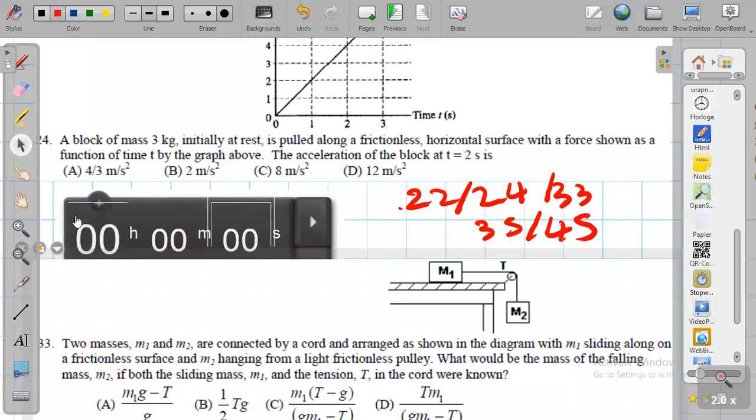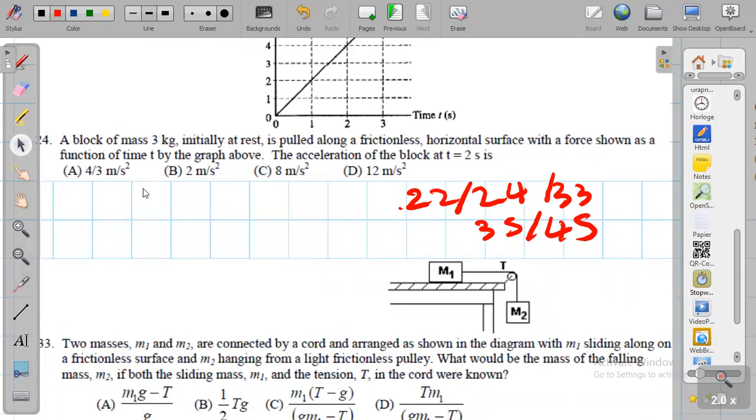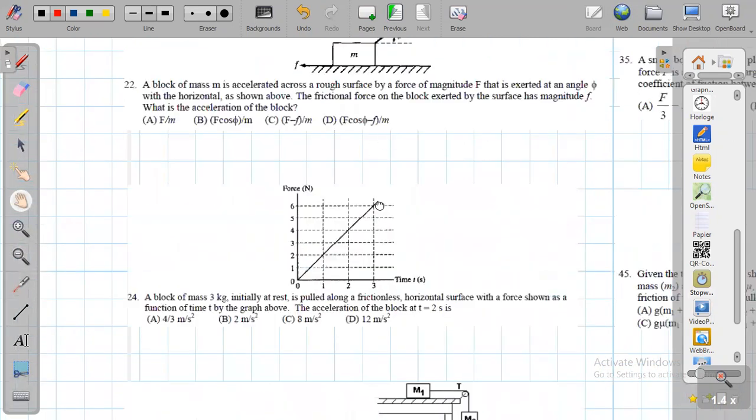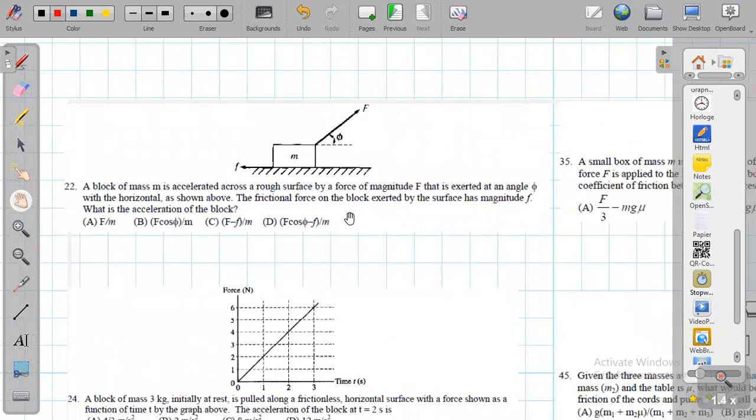Let me start the discussion now. Okay, so a block of mass M is accelerated across a rough surface by a force of F, exerted at an angle of phi with the horizontal as shown above.